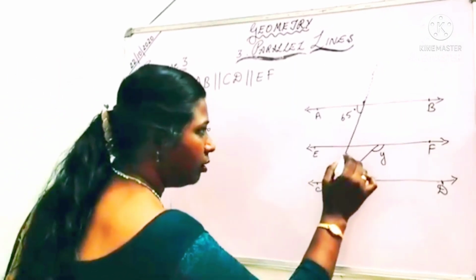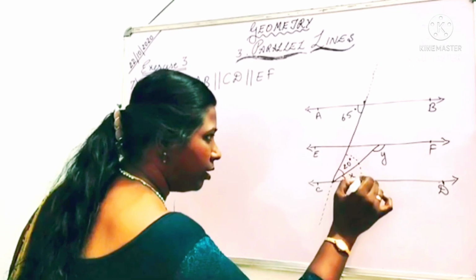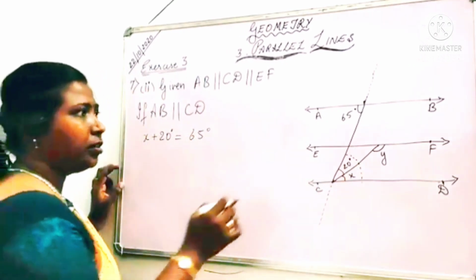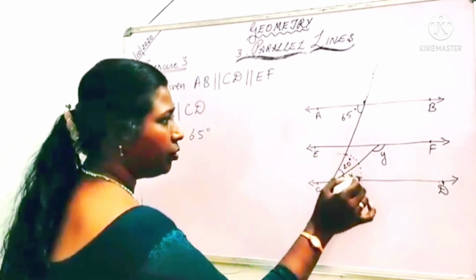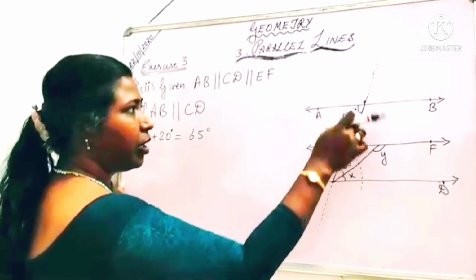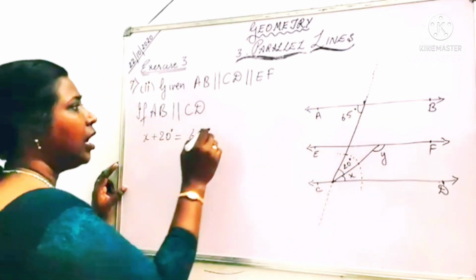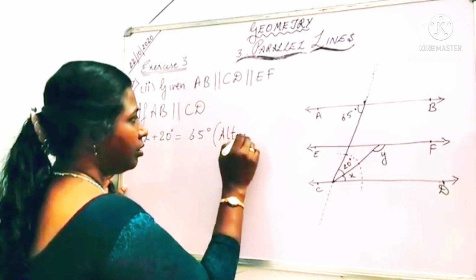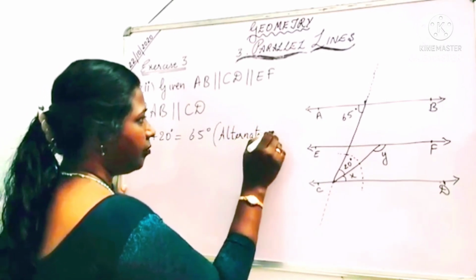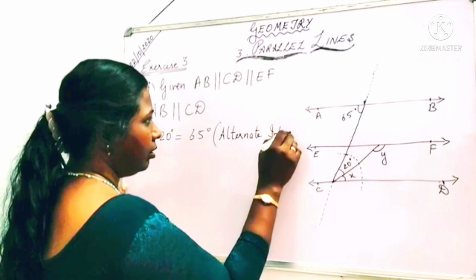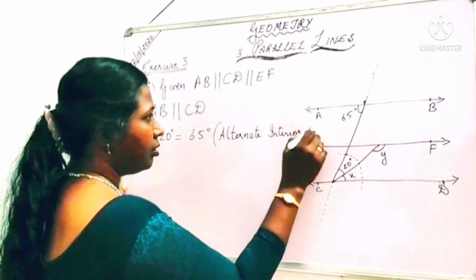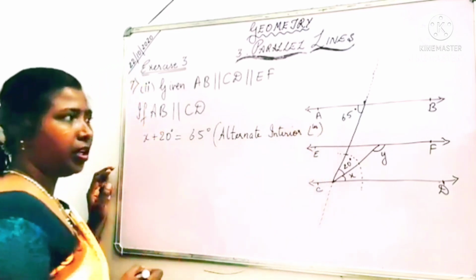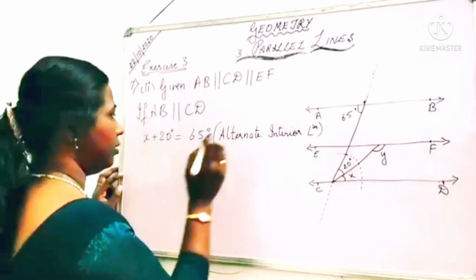This whole angle will be equal to this whole angle. How? It is alternate interior angles. Is that clear, students? Okay, this is alternate interior angles.